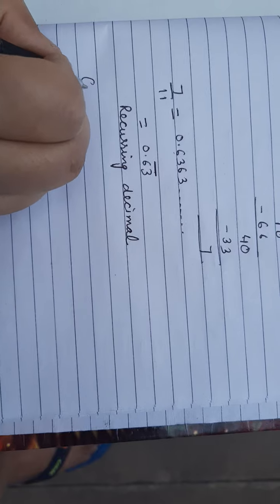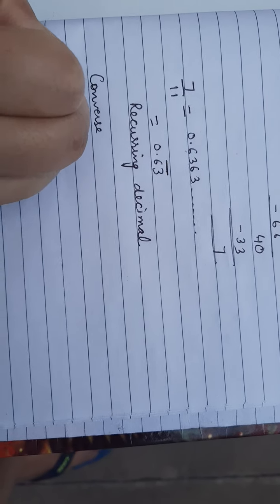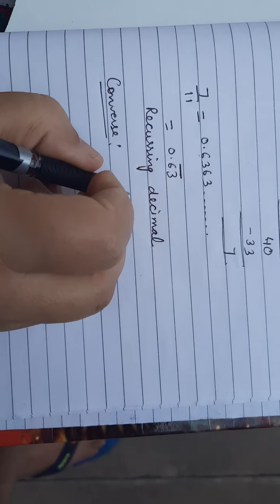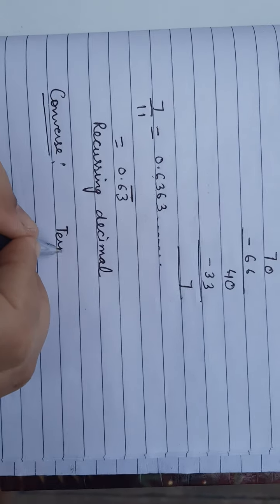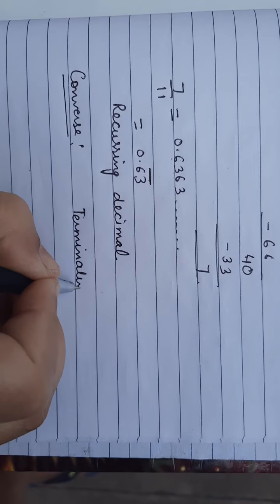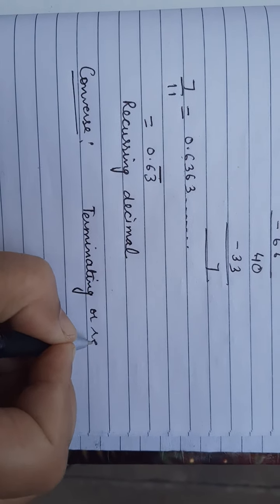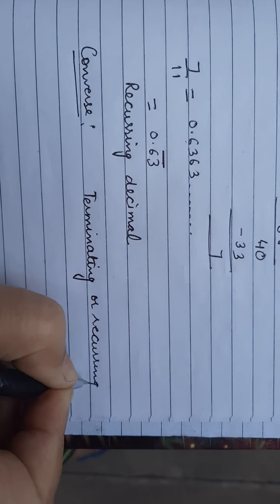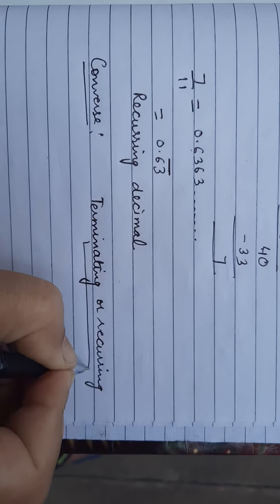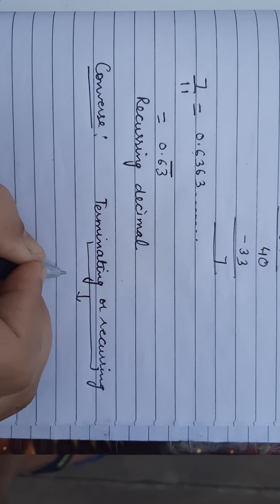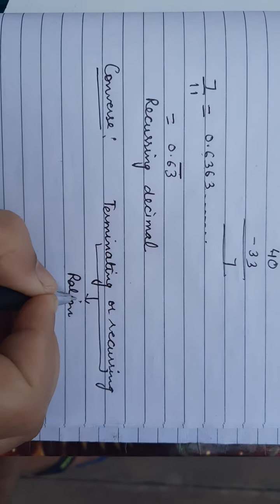Next is the converse. Converse means if a decimal is terminating or recurring, then it will be a rational number.